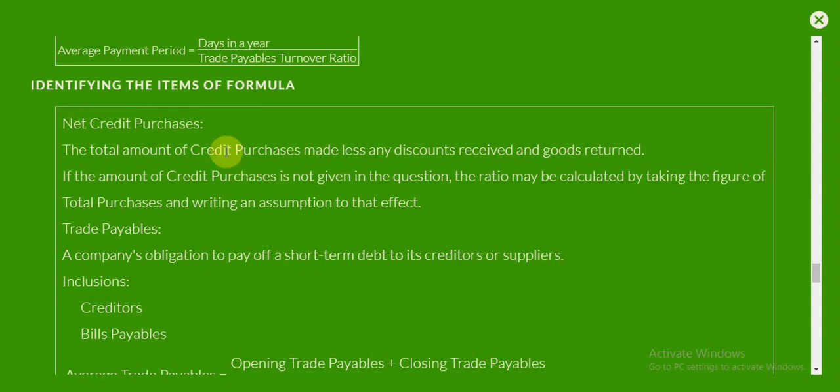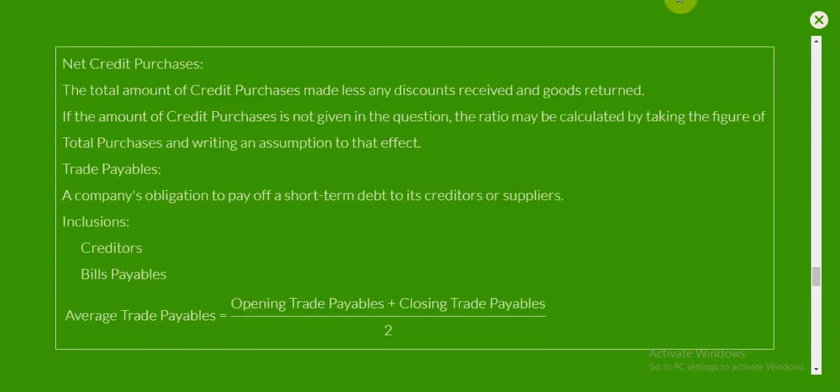So like we saw in the previous ratio again, if the credit purchases is not given in the question, we can very well take total purchases.